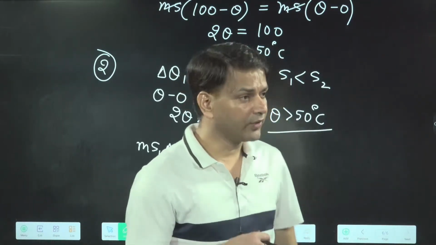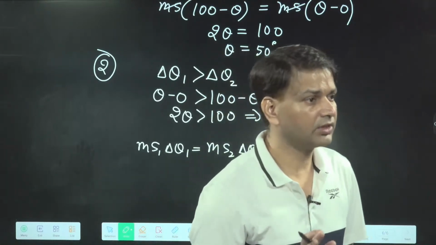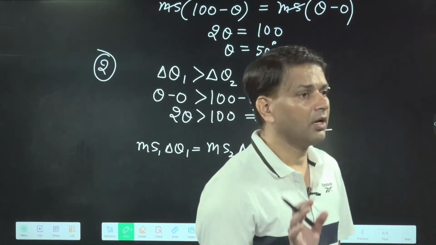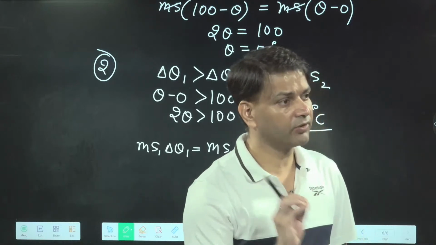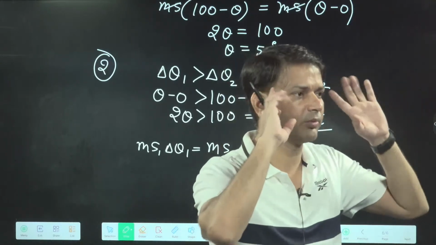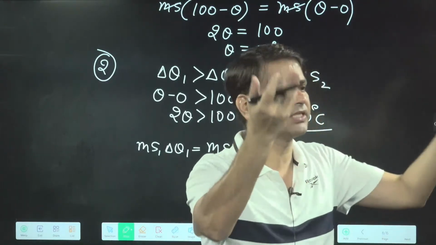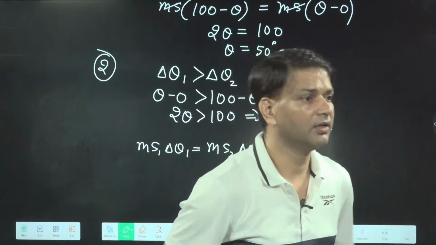And we have learned that when we pass an equal amount of heat, for the same heat exchange, the body which has the lesser specific heat, its temperature change will be more. Like metal and non-metal, you have to remember in the mind. Metal has the lesser specific heat, that's why its temperature change is more for the same heat exchange between metal and non-metal.